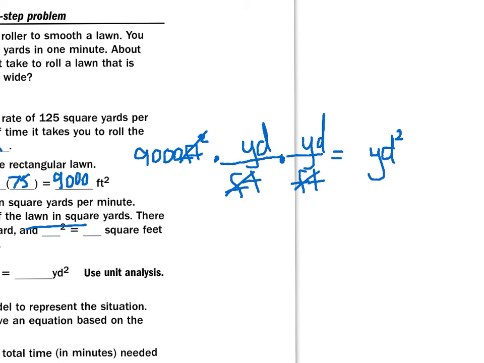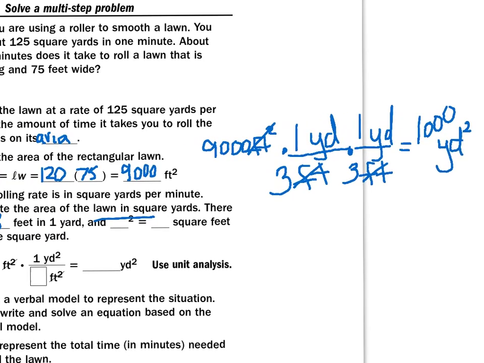So let's put our numbers here. We know there are 3 feet for every 1 yard. So I'm going to take 9,000 and divide by 3 times 3, or 9. So that makes 1,000 square yards. Okay, let's go back over here now.